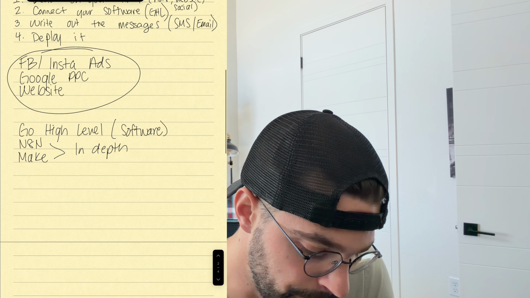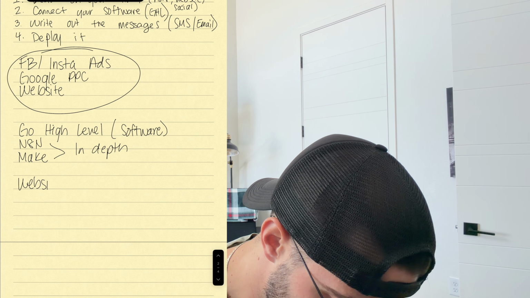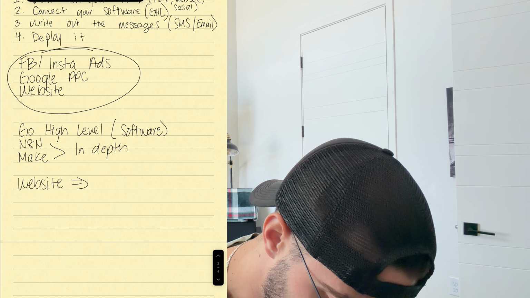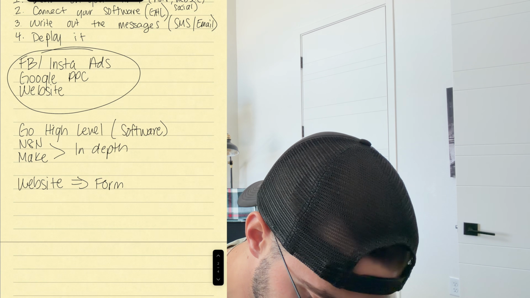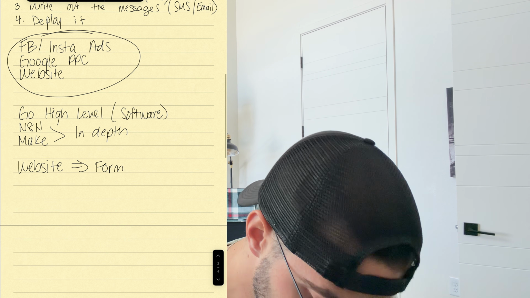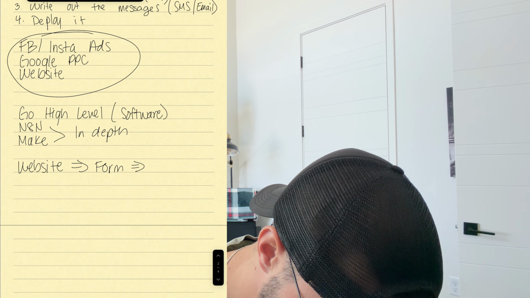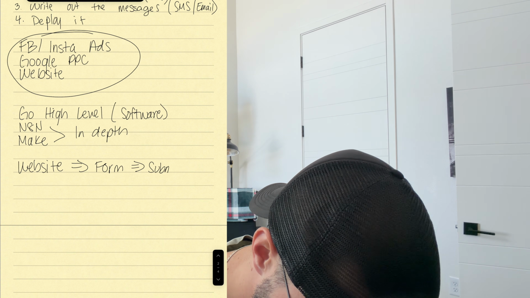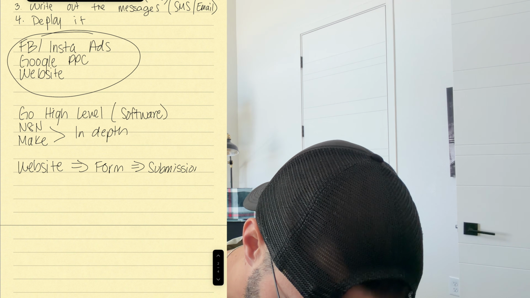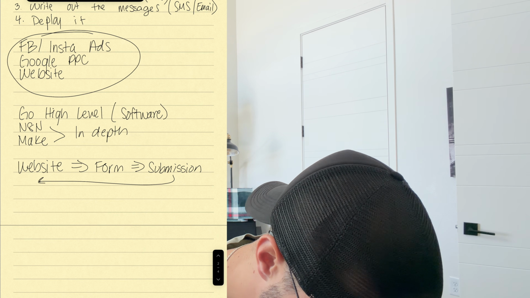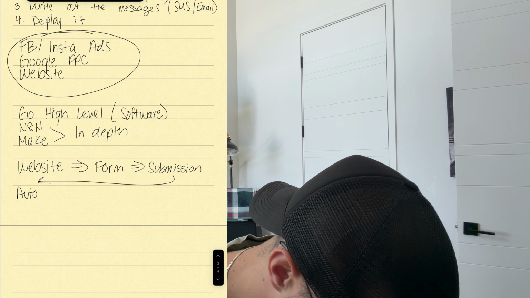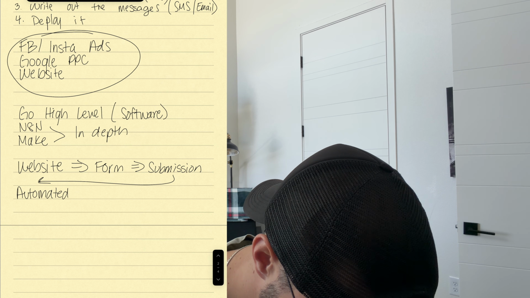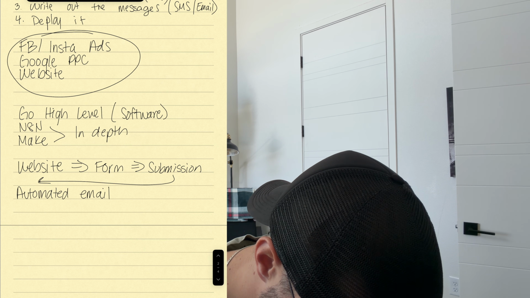So for example, say you have your website where you have some sort of form where you're gathering their information. What you can do is connect N8N to that to take that form submission, and then the person receives an automated email response.